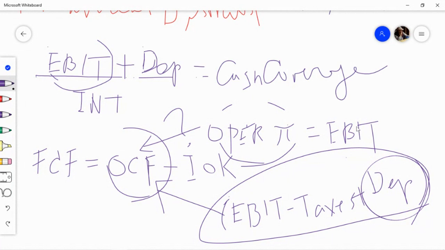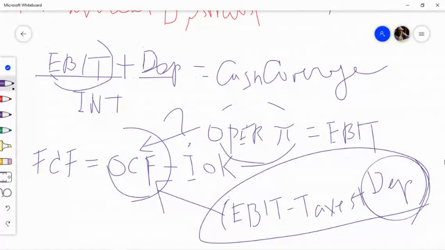So always keep in mind, depreciation is an additional source of cash flow, not because it is cash paid in, but because it is a non-cash outflow, or cash preserved.